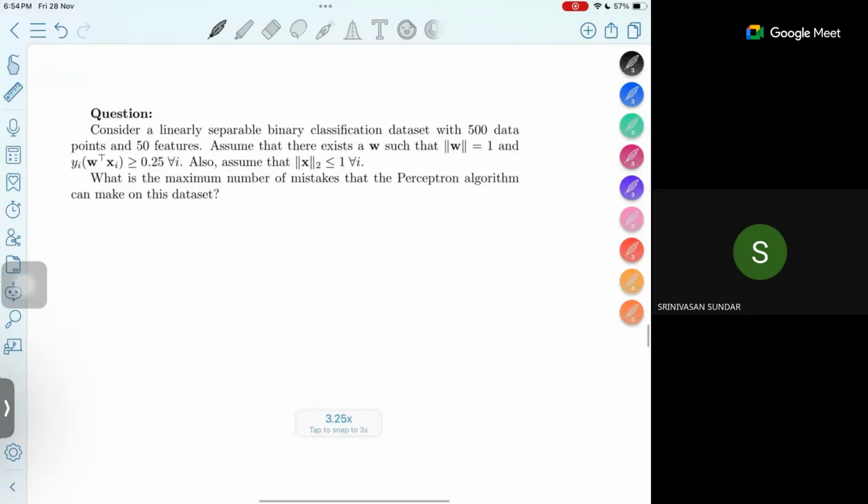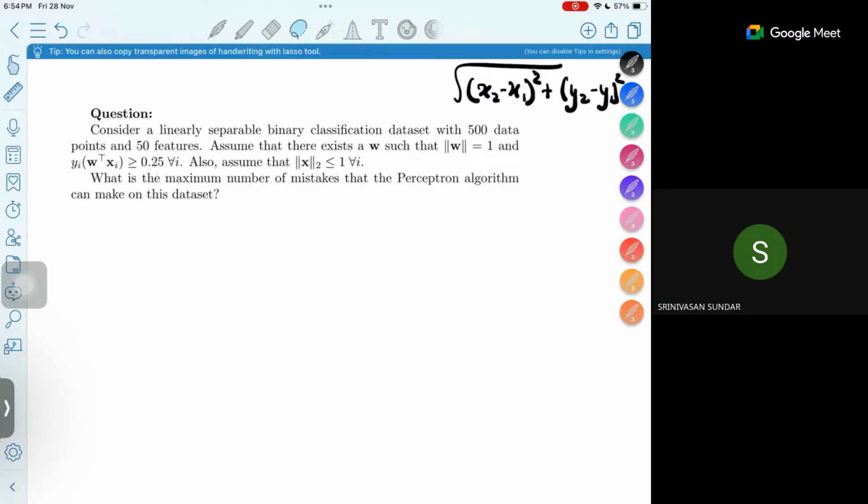Consider a linearly separable binary classification dataset with 500 data points and 50 features. Assume that there exists a W such that norm of W is 1. And if nothing is specified about the norm, it's the L2 norm, not in squared terms. That is root of (x2 minus x1) the whole square plus (y2 minus y1) the whole square.